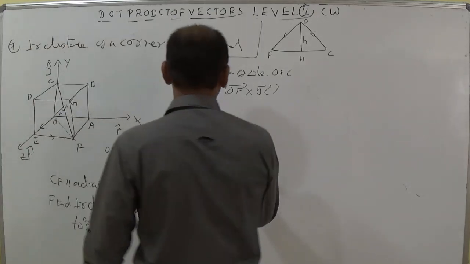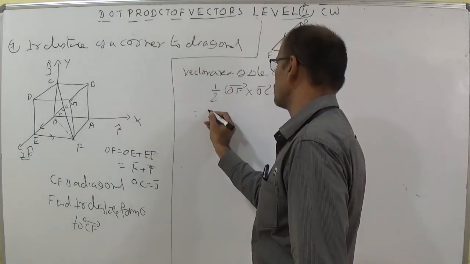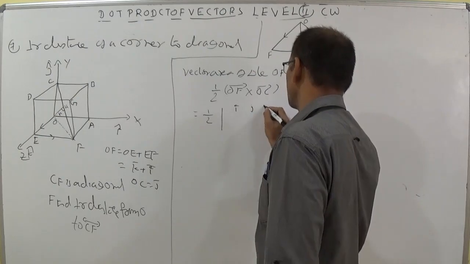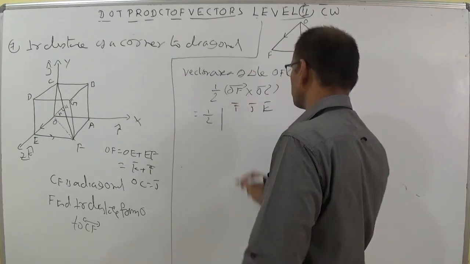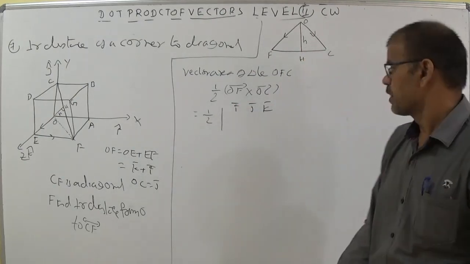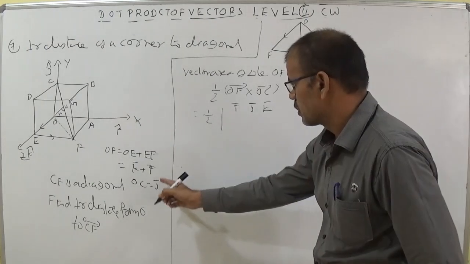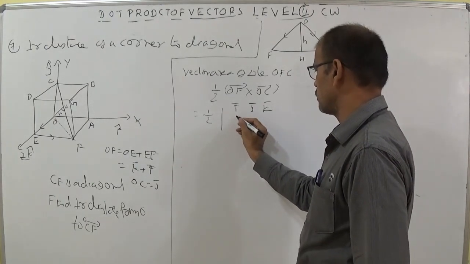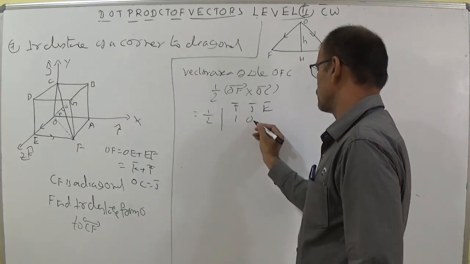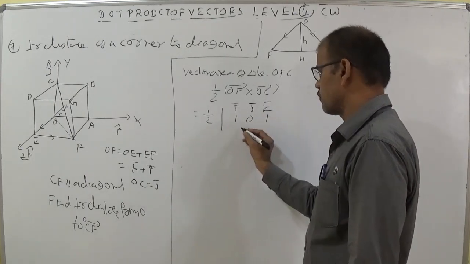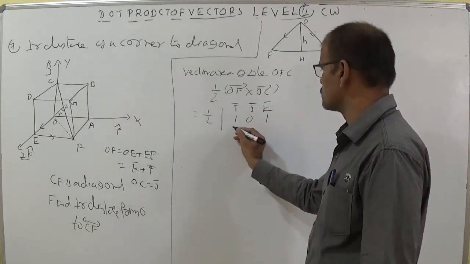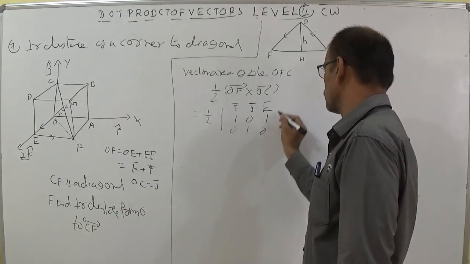So using that you can find the vector area for the triangle. You put here i, j, k. What is the value of OF I said here? K plus I. First i, put the component 1. J there is no component, 0. Here 1. About OC, OC is 0, 1, 0, you put here.